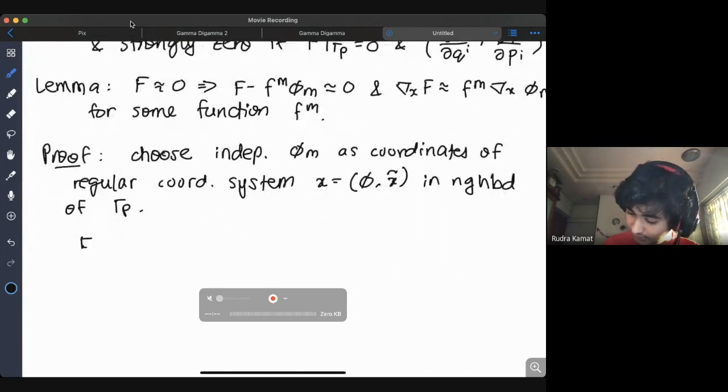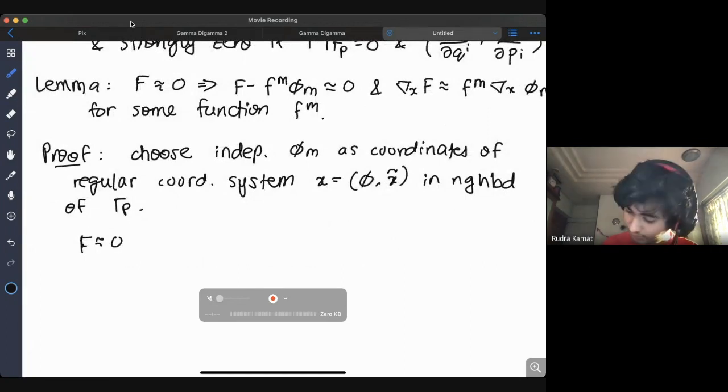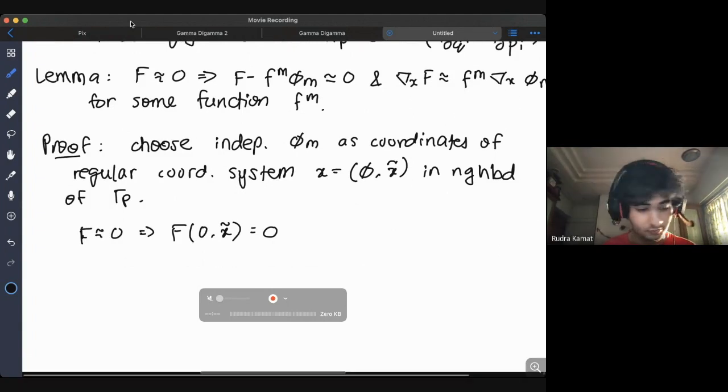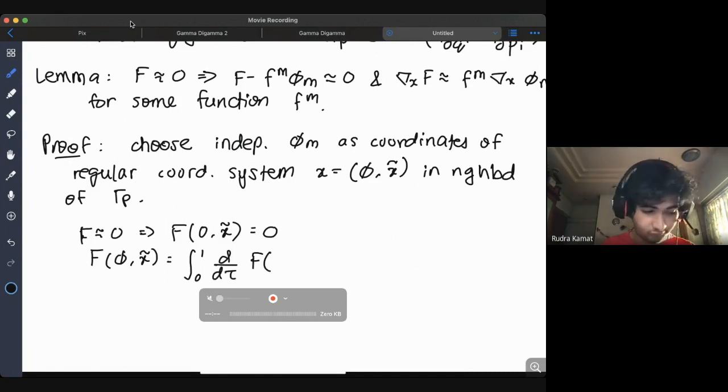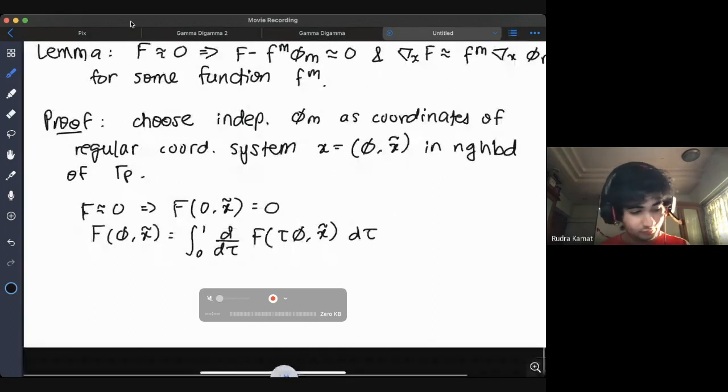So F is weakly zero. This means that F at zero and x tilde is zero, because on the constraint surface phi will be zero. F of phi comma x tilde can be denoted as the integral from 0 to 1 of d over d tau of F of tau phi comma x tilde, d tau, fundamental theorem of calculus.